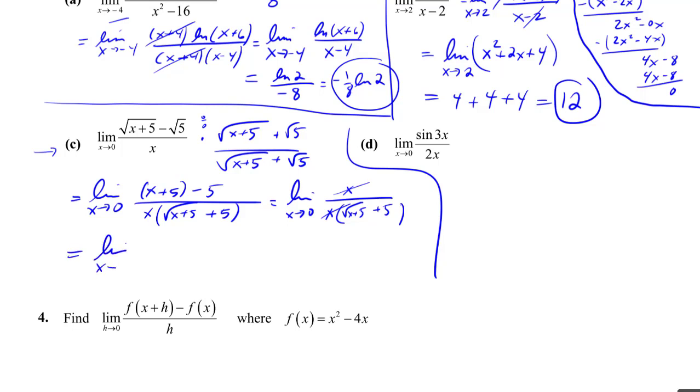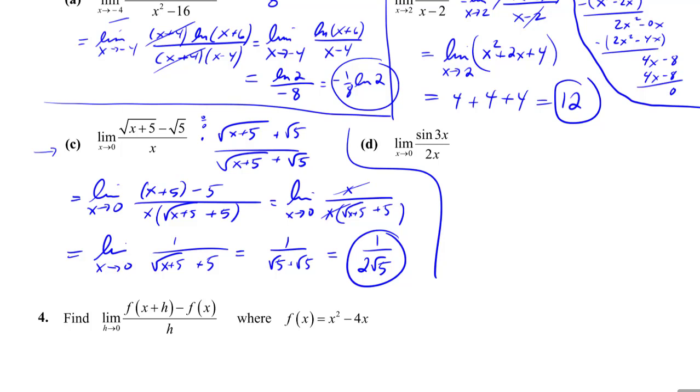Once again, I've canceled out the thing that was causing the 0 over 0. I get the limit as x approaches 0 of 1 over radical x plus 5 plus radical 5. I can plug in 0 now, and I get 1 over radical 5 plus radical 5, or 1 over 2 radical 5. Okay?